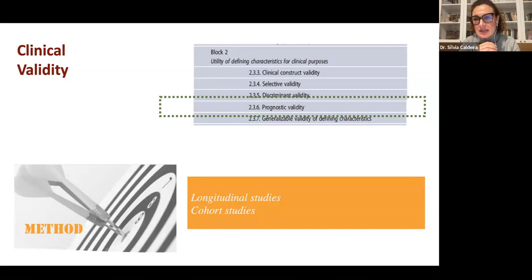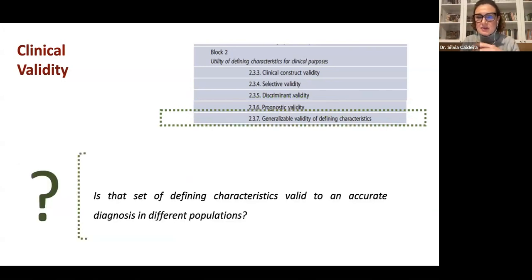We do need to do more research in a longitudinal perspective to understand the profile of the nursing diagnosis and to understand where the key points for risk are, or the key points for the high prevalence of some nursing diagnoses. And then we get the generalizable validity of defining characteristics. And going to the next question, what set of defining characteristics is valid for an accurate diagnosis in different populations?